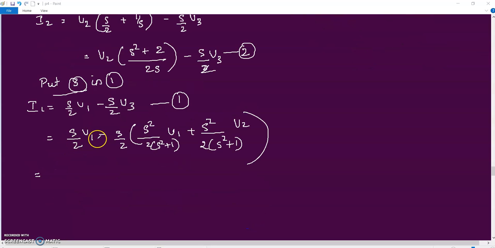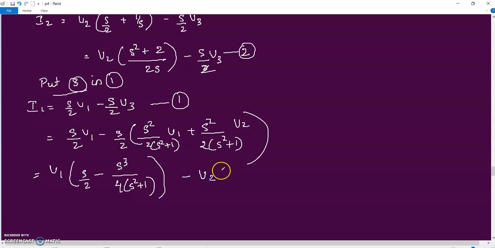This is equal to V1 into (S by 2 minus S cube by 4 into (S square plus 1)) minus V2 into S cube divided by 4 (S square plus 1).